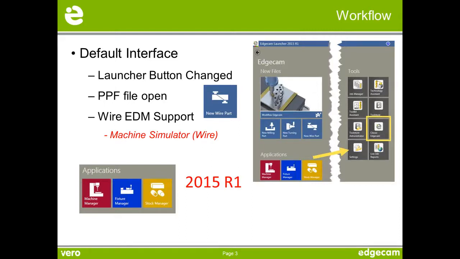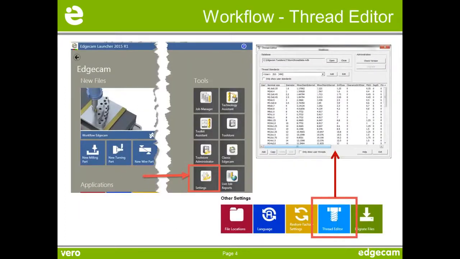So a little bit of a clean up there on the Edgecam launcher. You'll notice a new settings button, which I've noted with the yellow arrow. The settings button is basically your utilities where you set your file locations. But there's a newer item in there which will be of interest to many people, which is a thread editor, a facility to add your own customized threads into Edgecam.